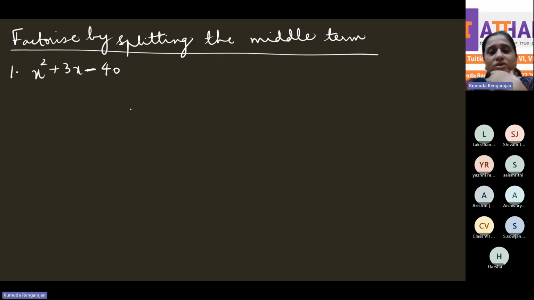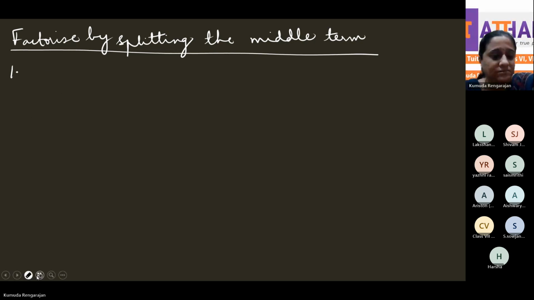So when you cannot factorize using the identities, then you think of splitting the middle term. Okay, let me write it again: x squared plus 3x minus 40.